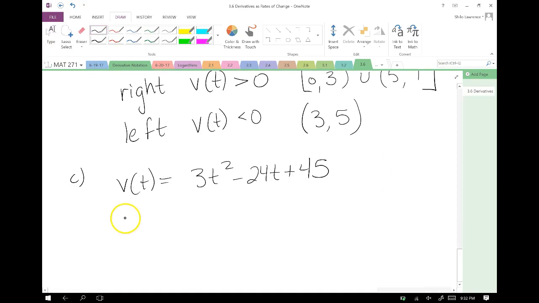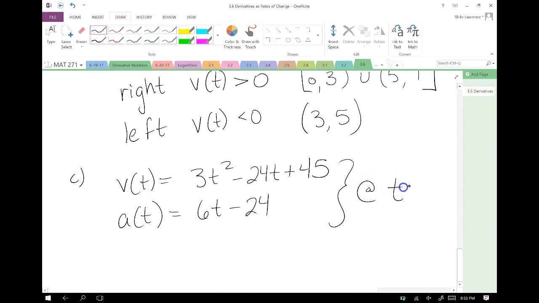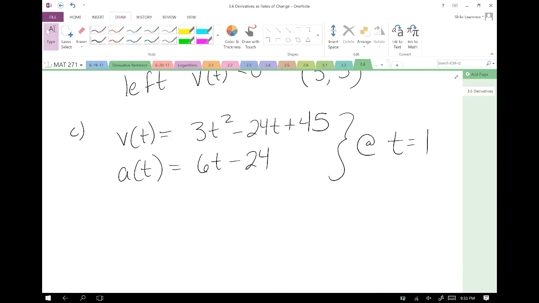And remember, acceleration is the next derivative, so 6t minus 24. We want to know what's going on at t equals 1. So all we have to do is plug in t equals 1. So v at 1 is going to be, replace all the t's with 1, I get 3 minus 24 plus 45, which is 24.